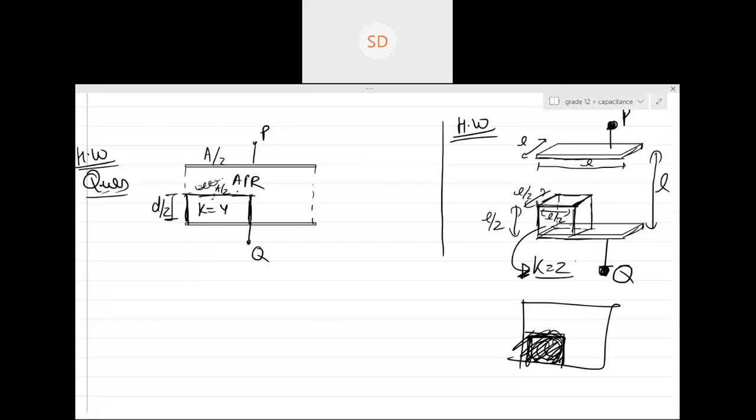Can you see that the cube can be divided into 8 equal pieces? Which cube? The cubical region between the 2 plates, the big cube. So that big cube can be divided into 8 pieces, and on one out of those 8 pieces, which is placed on that corner, I have placed that dielectric slab.